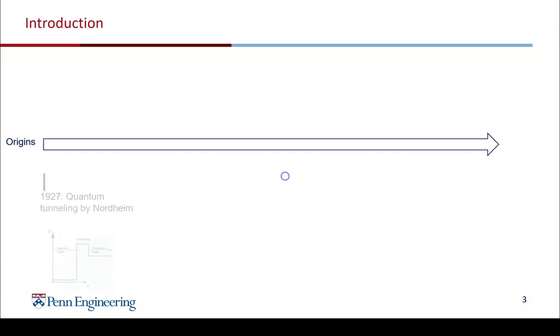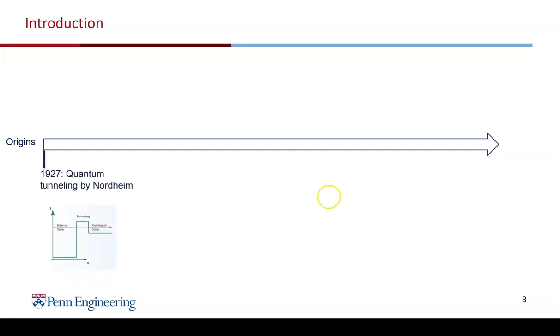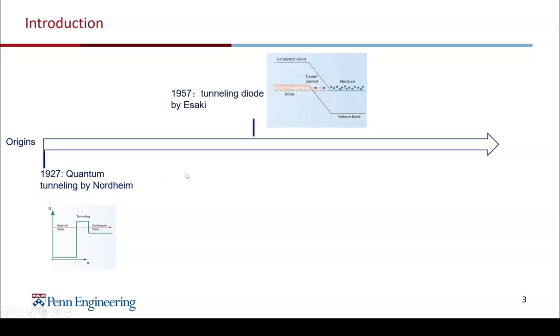As for the history of the resonant tunneling diode, it starts from 1927, with quantum tunneling theory. In 1957, a Japanese scientist invented the tunneling diode.